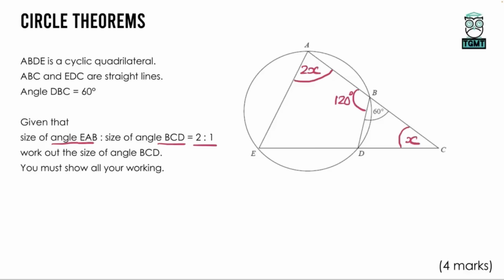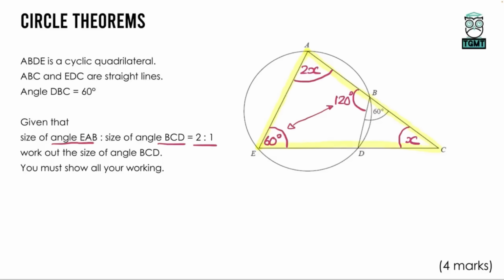Now let's see if there are any other angles that we can find. So straight away, opposite this 120, opposite angles in a cyclic quadrilateral add up to 180, so that would be 60 degrees. Now I've got to figure out where to go from here. So we have a large triangle if we have a look, I'll highlight this large triangle here, and we know angles in a triangle add up to 180 degrees.